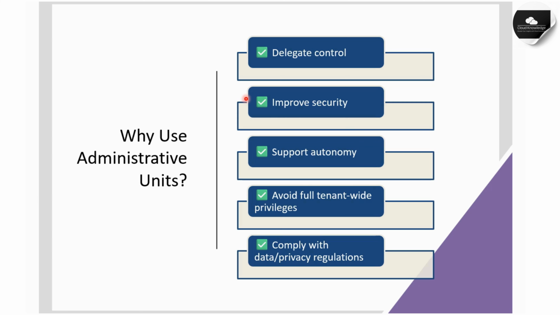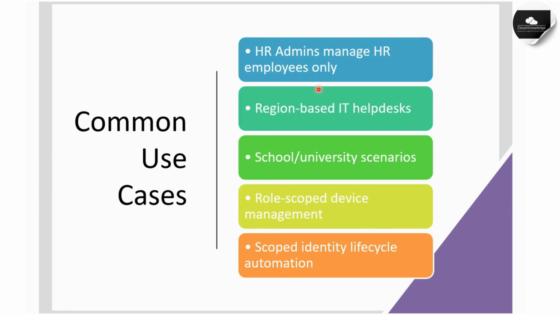For example, we have created an AU with the name HR department, and under that we have added all our HR team. After that we have made one of the persons a help desk admin, so he can only manage the users under that particular AU. That is the helpful thing, and that person cannot interfere with the entire Entra ID, correct?